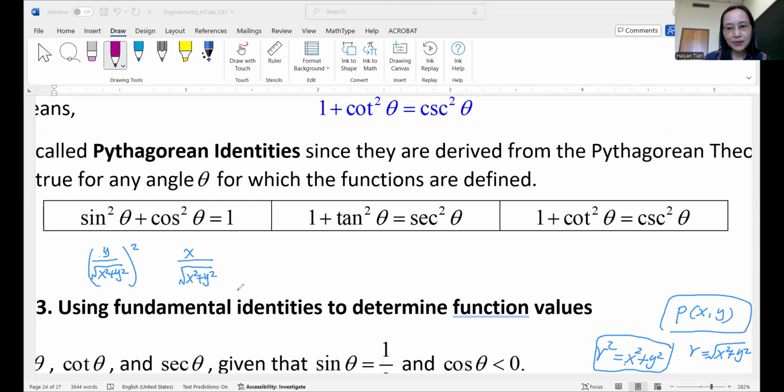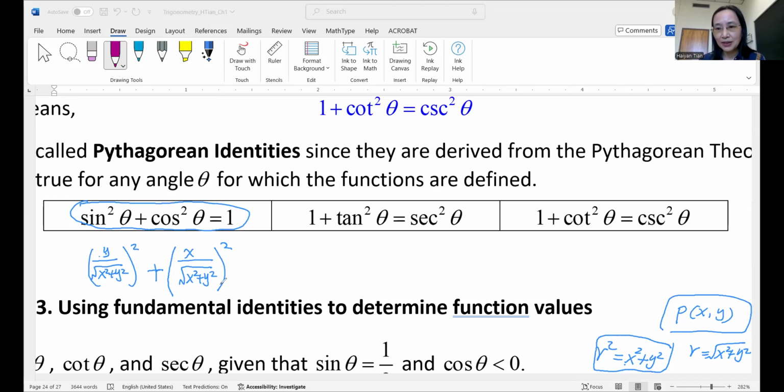This is r with the square root. So x over r, squared, is the square of cosine. And you do the sum of the squares. What do we get? Do we get 1? We're trying to show it is always 1 no matter which theta, as long as sine and cosine are defined.